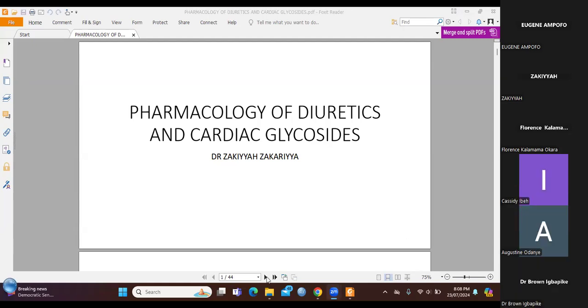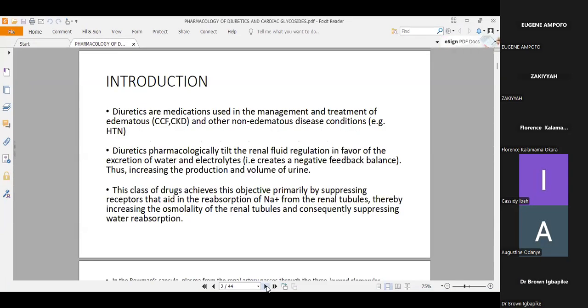Diuretics are medications used in the management and treatment of edematous conditions like congestive cardiac failure, chronic kidney diseases, and other non-edematous disease conditions like hypertension. Diuretics pharmacologically tilt the renal fluid regulation in favor of the excretion of water and electrolytes.